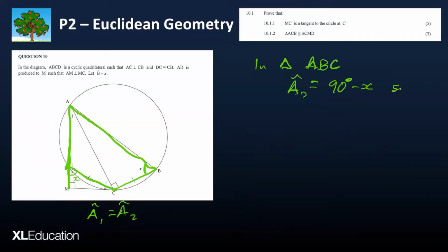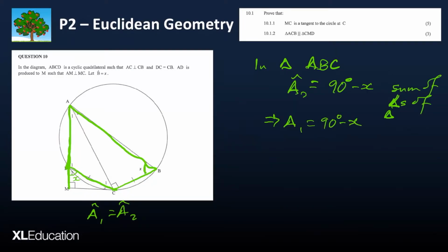Remember the sum of angles of a triangle. Okay, so this implies that A1 is also equal to 90 degrees minus x.